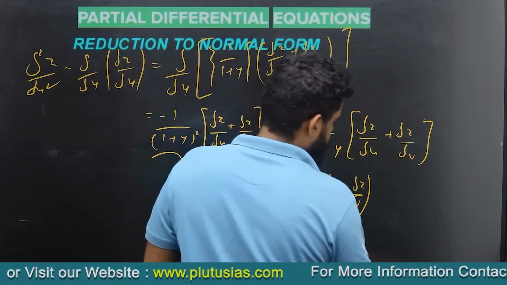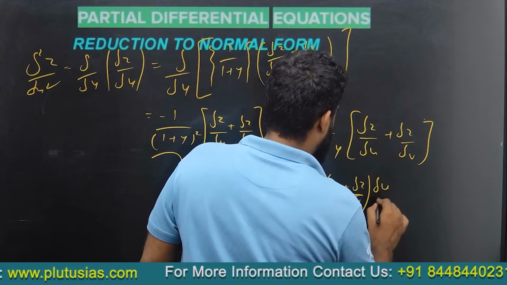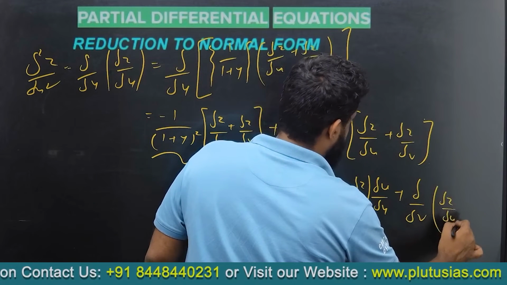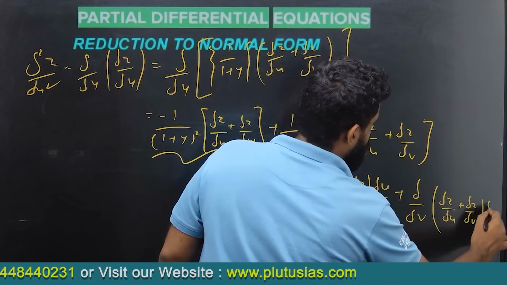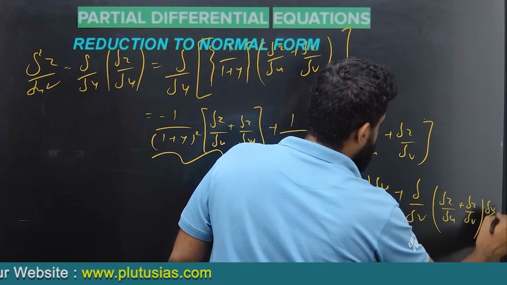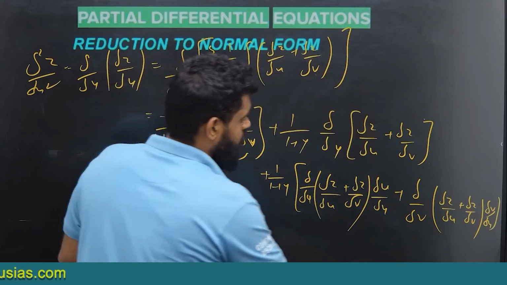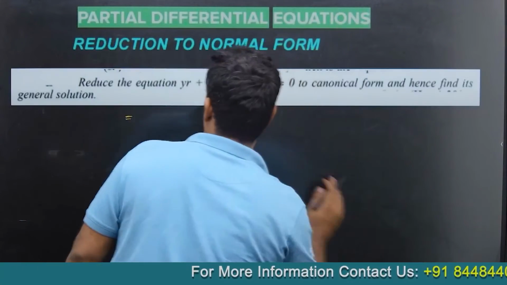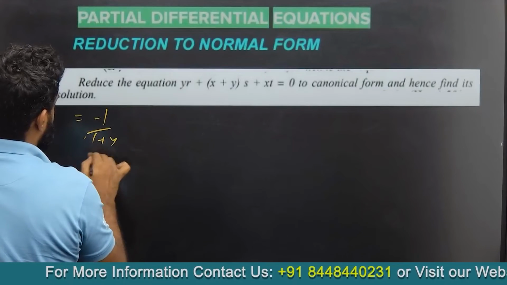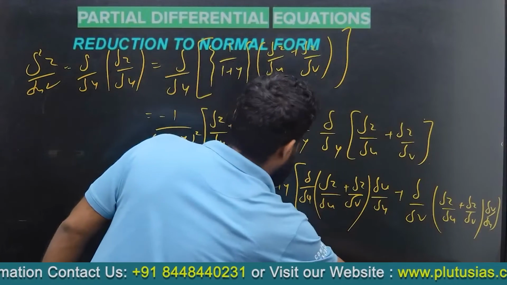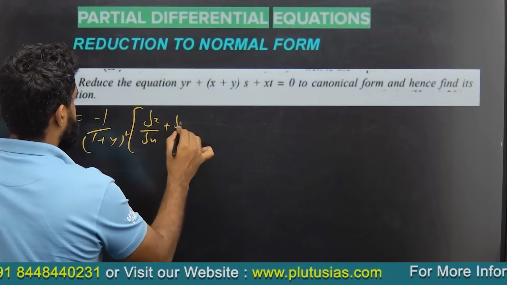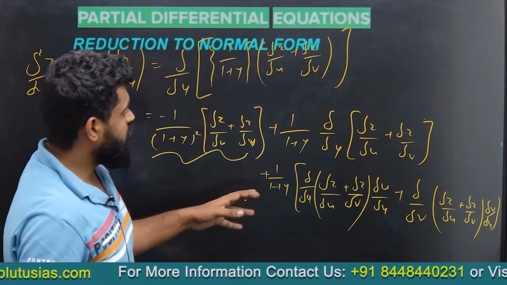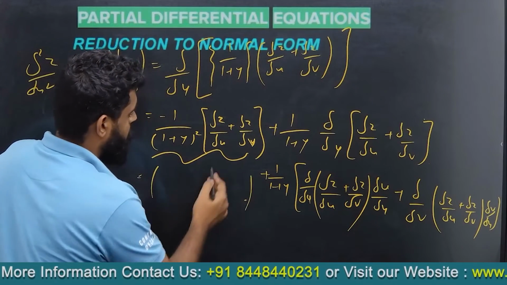This would be equal to ∂/∂u of ∂z/∂u times ∂u/∂y, plus ∂/∂v of ∂z/∂u times ∂v/∂y.